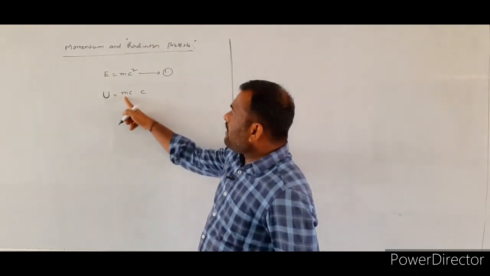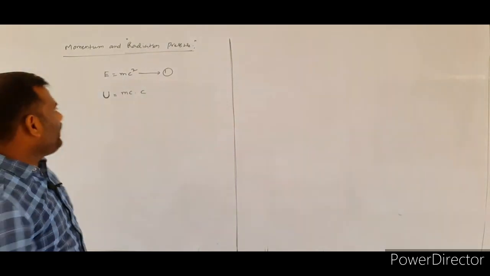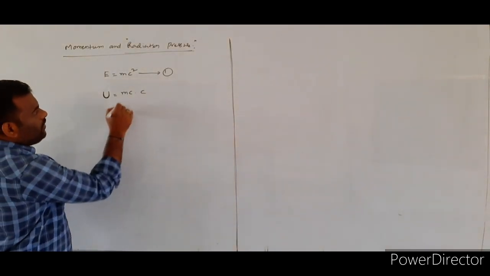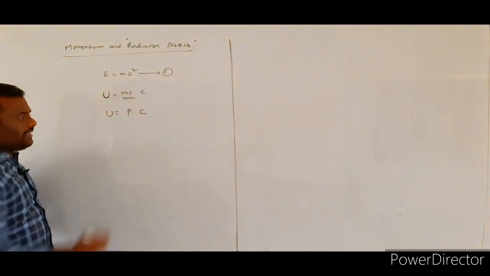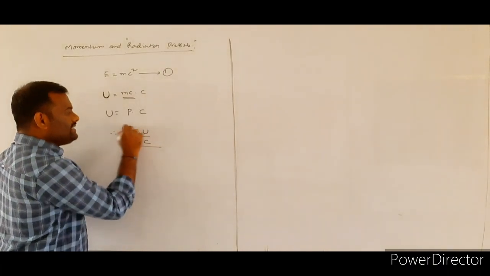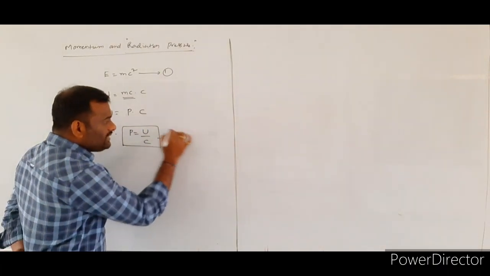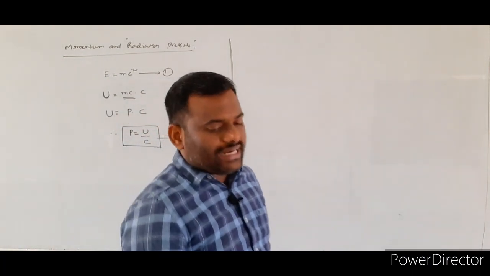The product of mass into speed is nothing but linear momentum. So the linear momentum p is equal to U by c. This is a general expression for the linear momentum of the electromagnetic wave.